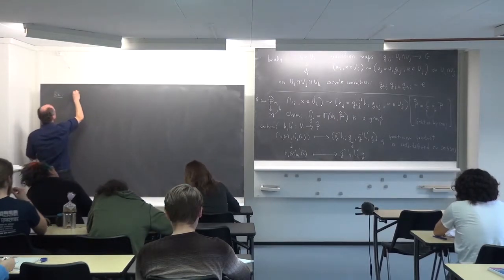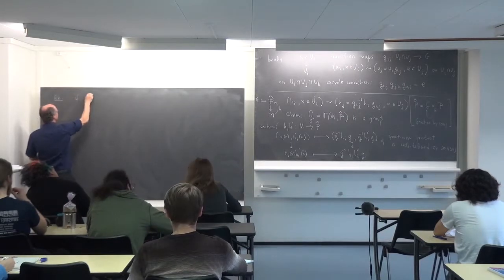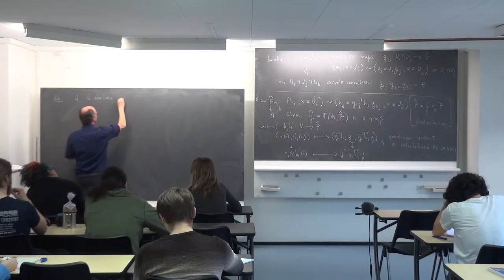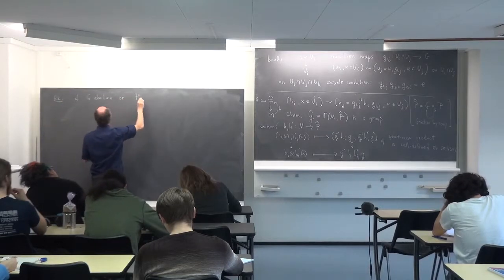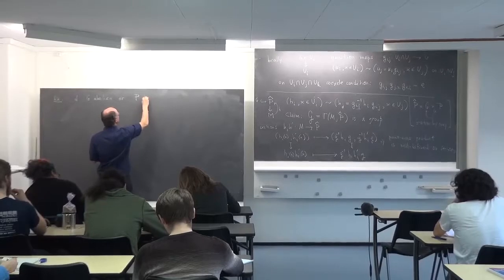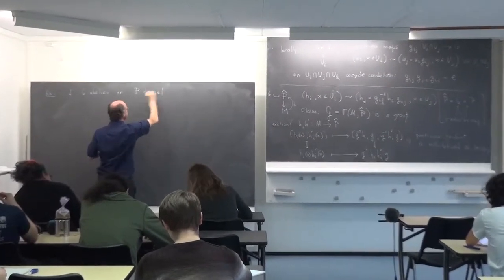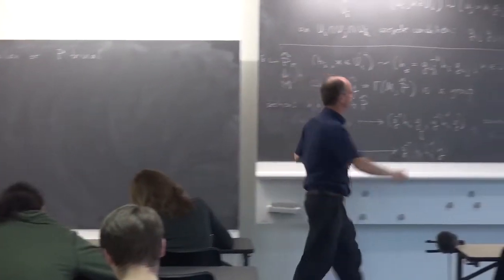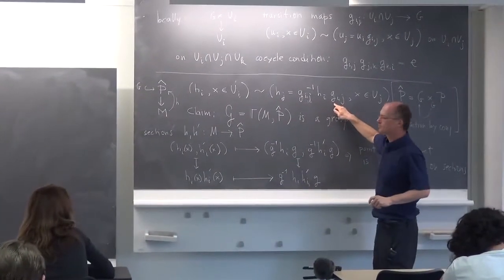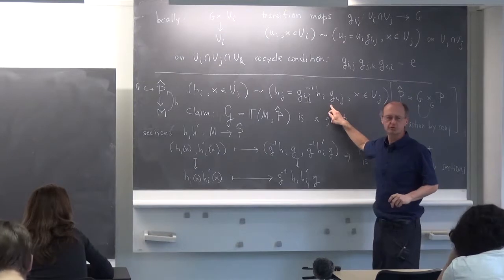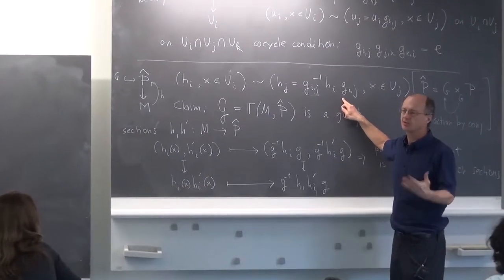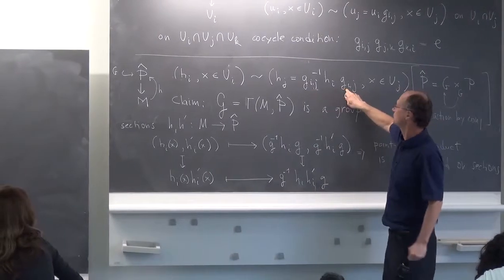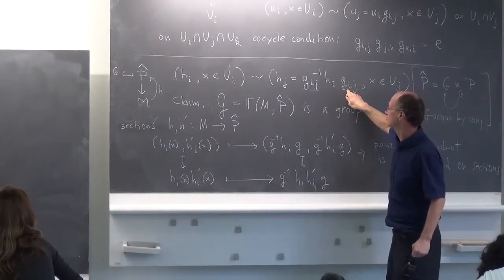Assume that either G is abelian or P is trivial. So you see, if P is trivial, this means I can choose those g's to be equal to 1. So this would be a particular choice of a trivialization, but in principle that should be possible, to choose all the g's equal to 1.